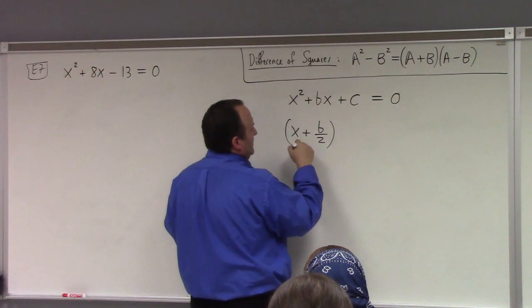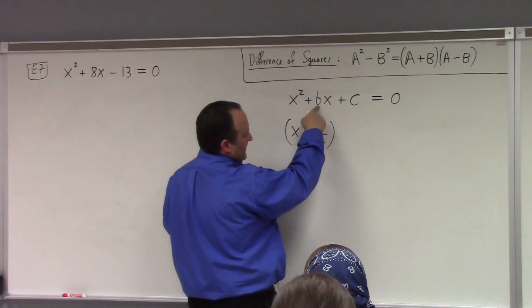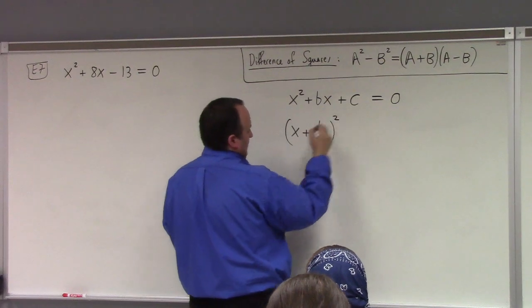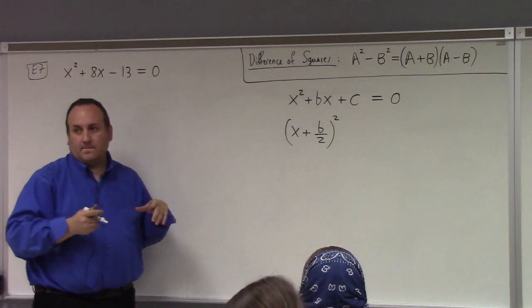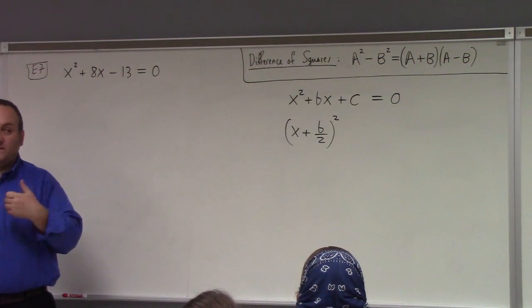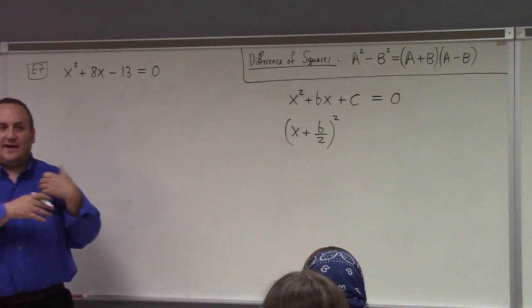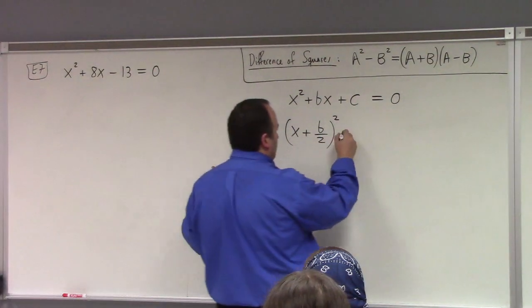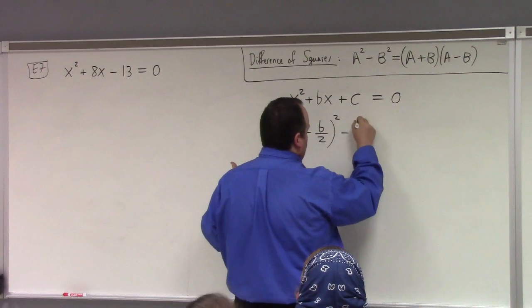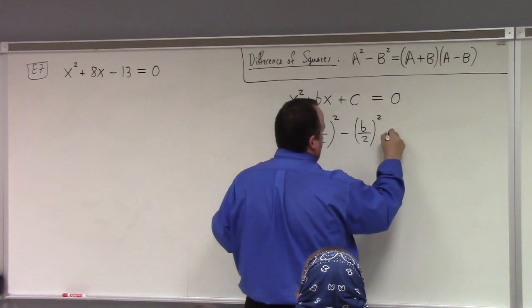Me, not you. So I take half of the coefficient of x, I square this thing, all right? I write that. To be fair, when I do that, I have to subtract (b over 2) quantity squared, and then I add c.